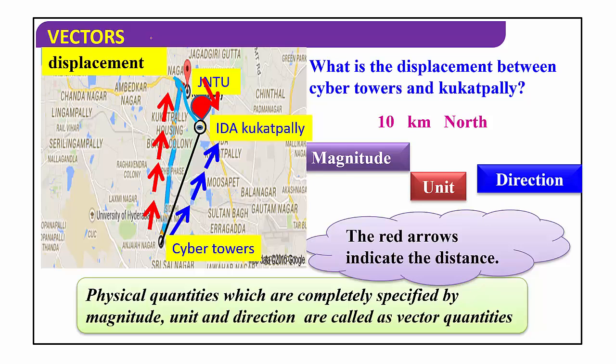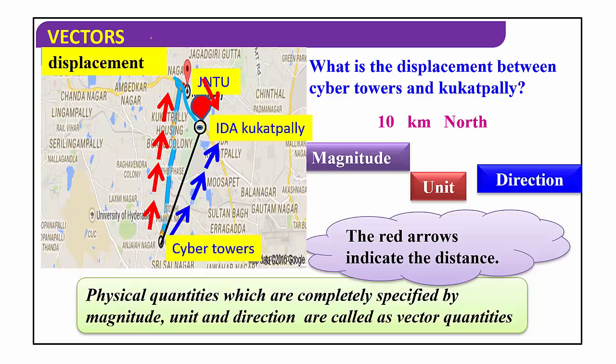Blue arrow is the shortest distance between two positions. What about the red arrow? How is it moving? You can observe University of Hyderabad, the Raghavendra Colony, then Kukatpalli housing, then it will come back. So it takes a long way. So this is distance.